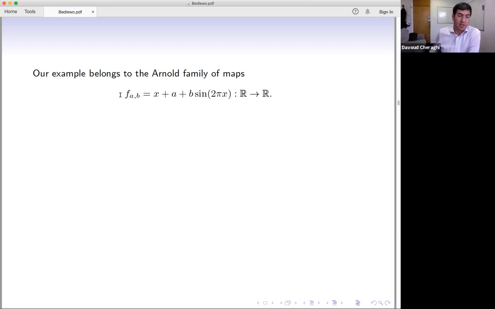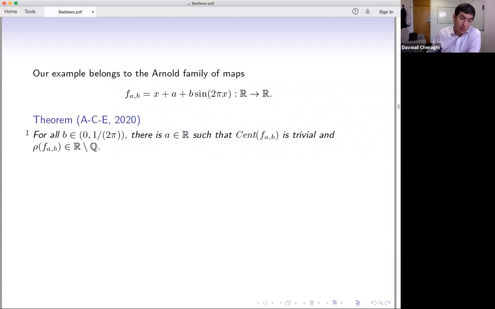So you have seen this class of maps. A and B are parameters, real numbers. This is a map from R to R, but it also commutes with the translation by 1, so it's a map of the circle.